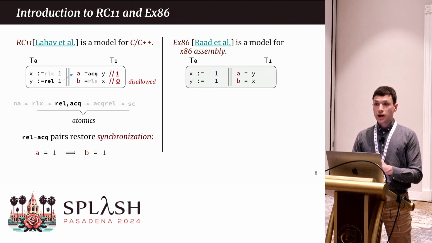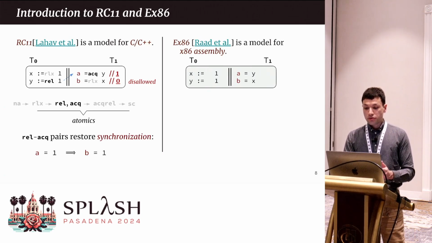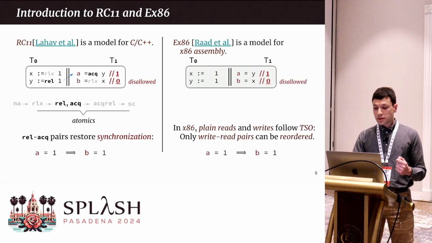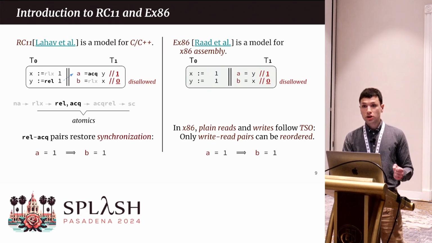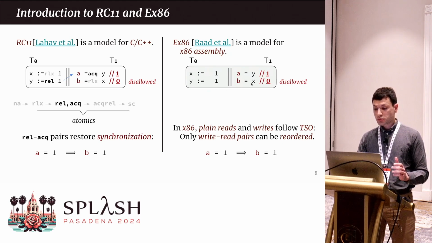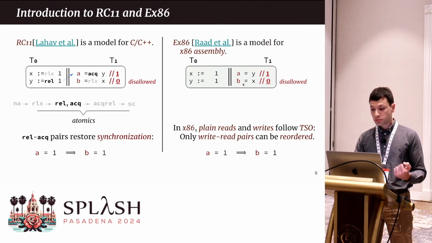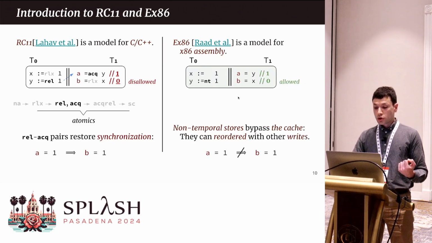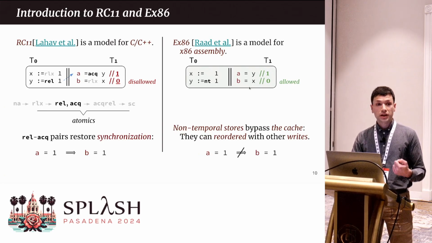Now moving to the model of x86 assembly, there are basically two properties that are important for this talk. One, that by default x86 disallows this weak behavior where we read 1 and 0. And a second property is that using non-temporal stores, the weak behavior is allowed.